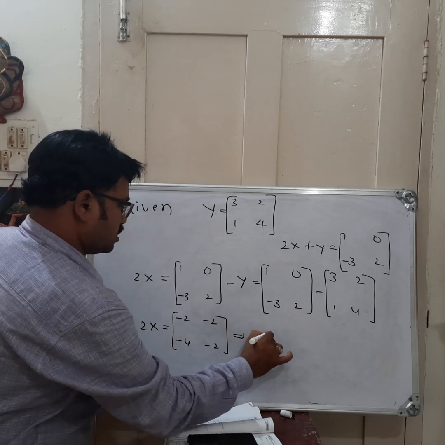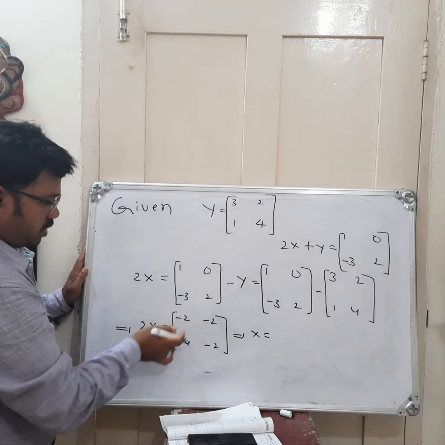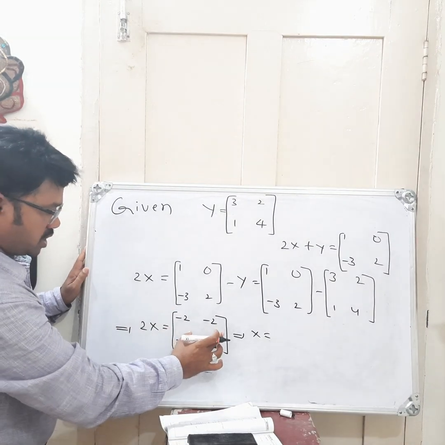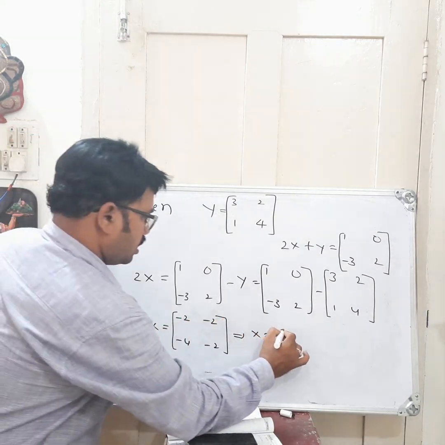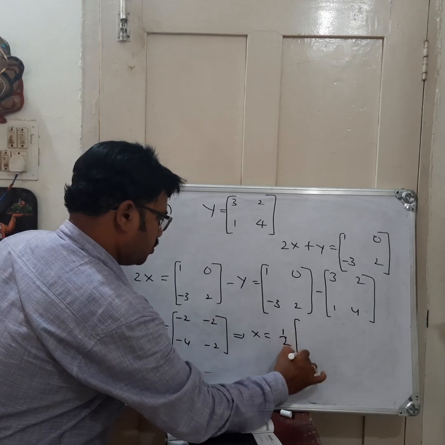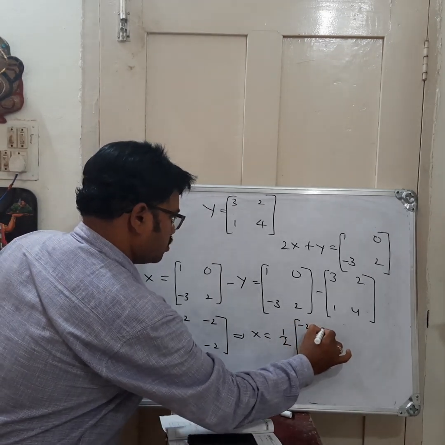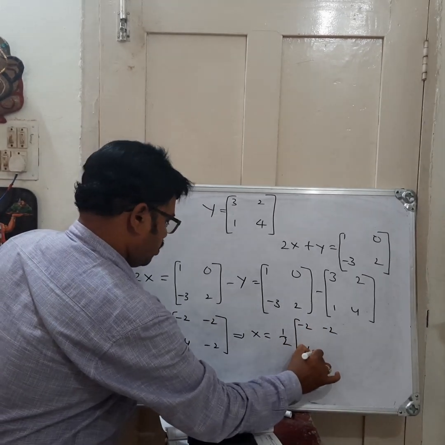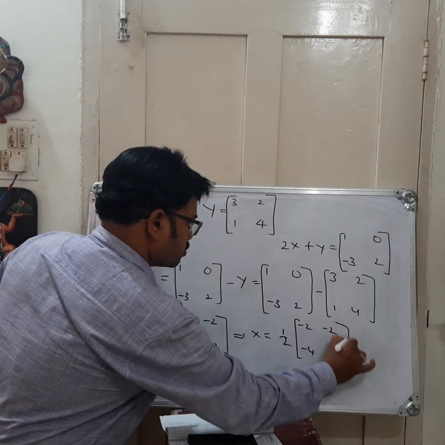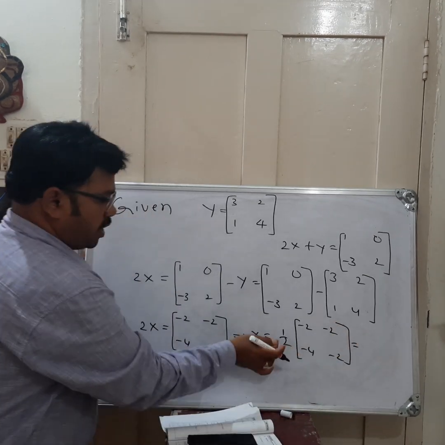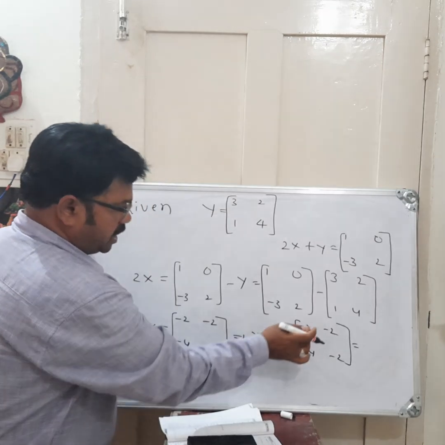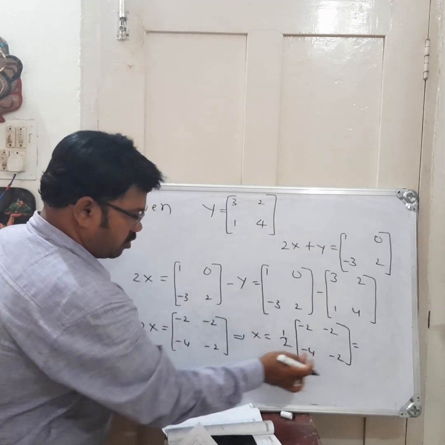That implies X equal to, this 2 becomes the scalar multiplication of this matrix as denominator, 1 by 2 into minus 2, minus 2, minus 4, minus 2. Now 1 by 2 is a scalar value, it multiplies each and every element in the given matrix.